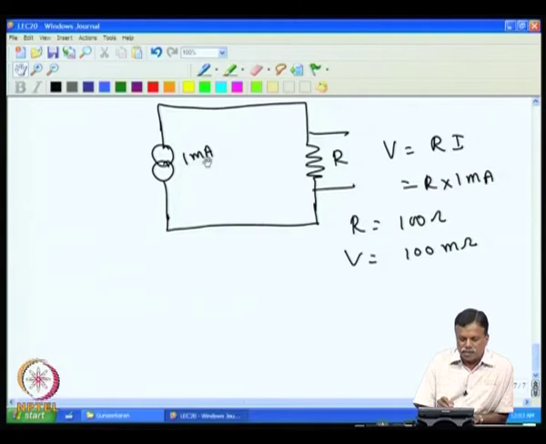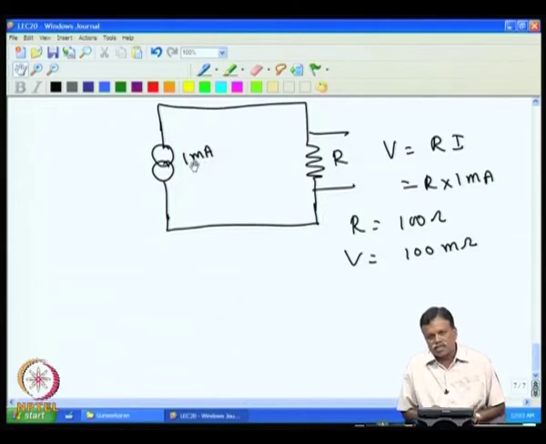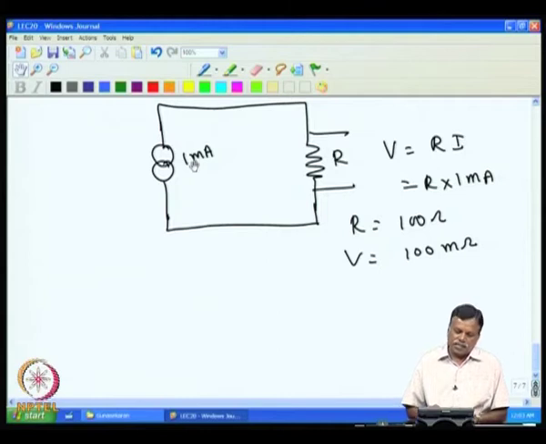Maybe at room temperature I would adjust it for 1 milliampere. When temperature goes up, this current may go up or come down, because the resistors and the capacitors, the operational amplifiers, or the reference voltage that I am using, all of them will change with temperature, and the net result would be this current changing with temperature, and then whatever measurement we make may not be accurate.